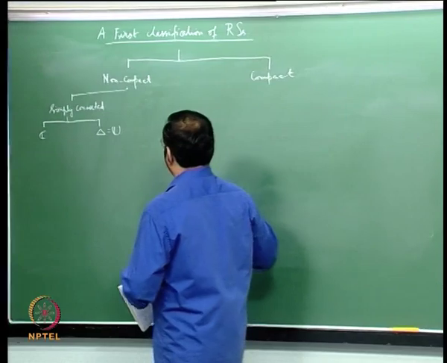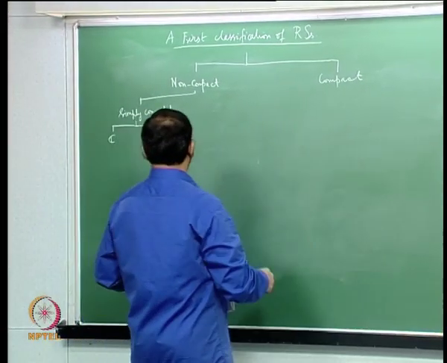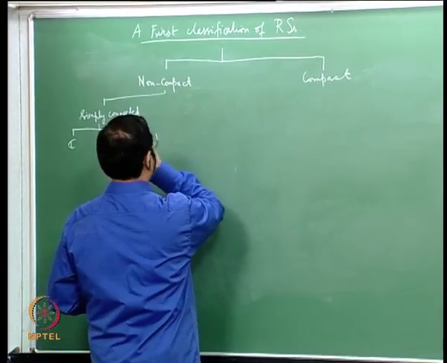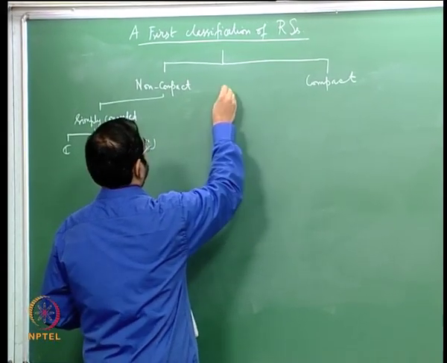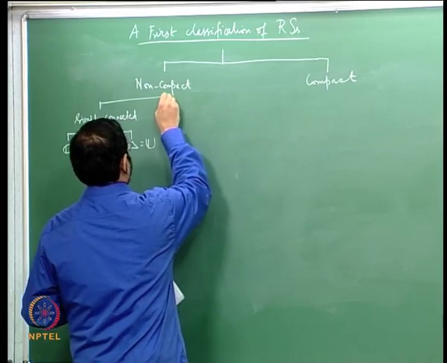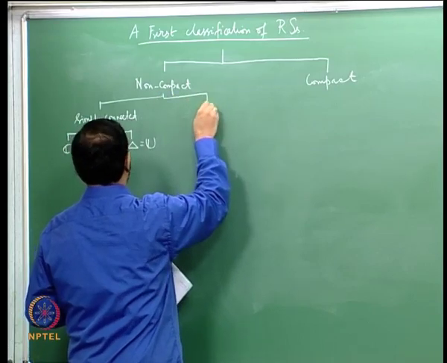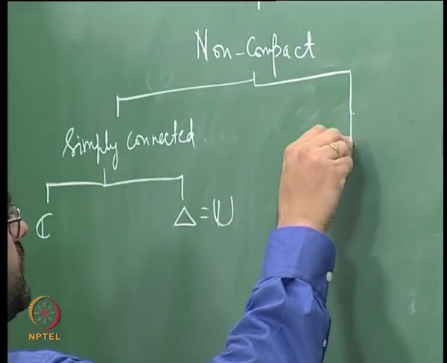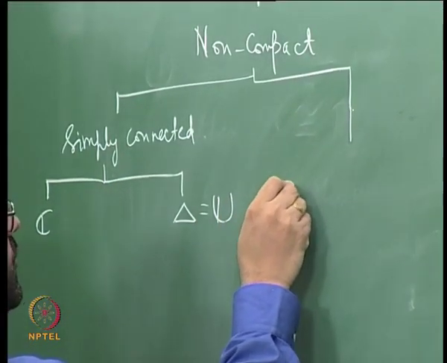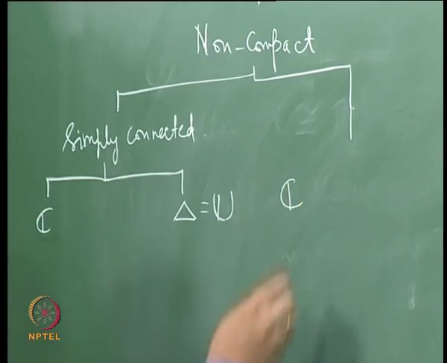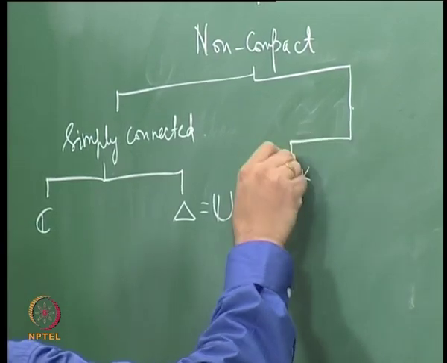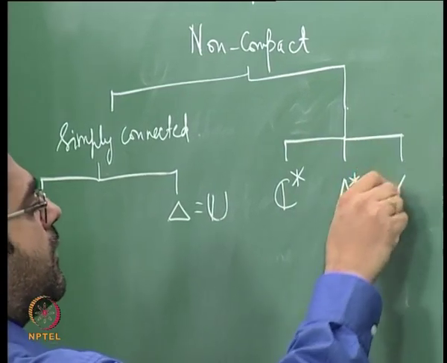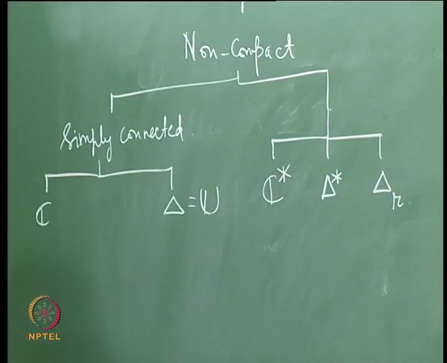Let me write the non-simply connected ones, a few of them which I am interested in, namely C star, delta star, delta r.